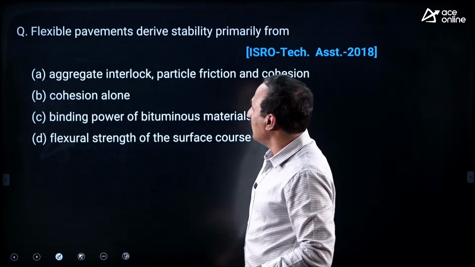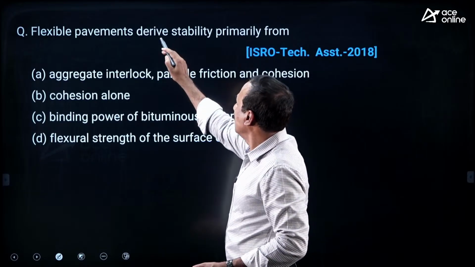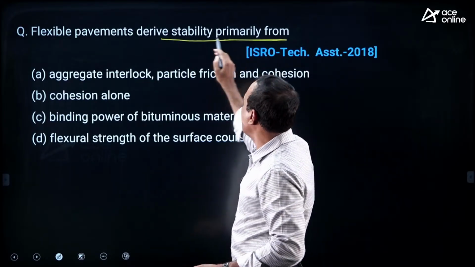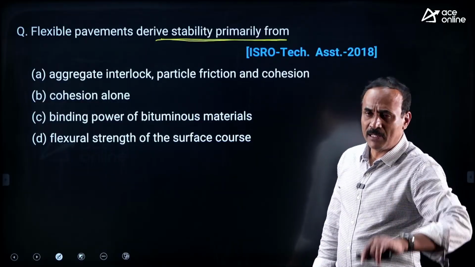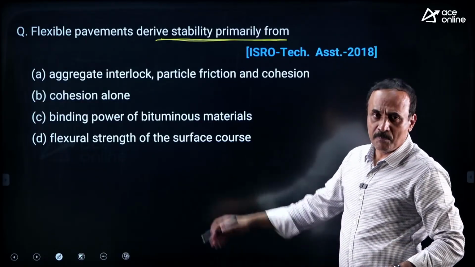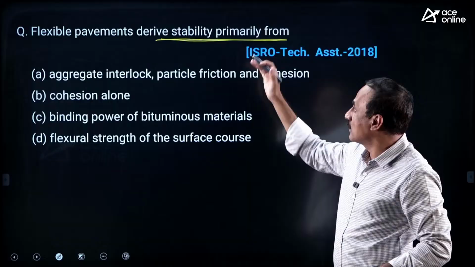Now look at the question. Flexible pavements derive stability primarily from. Process of elimination. In flexible pavement, how are you getting flexibility?